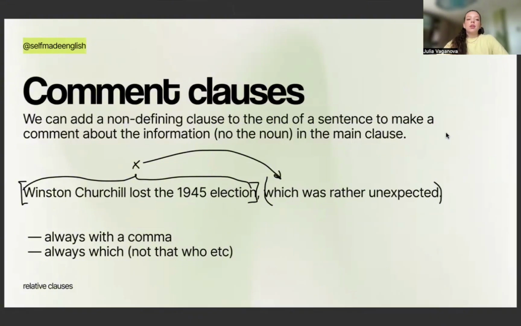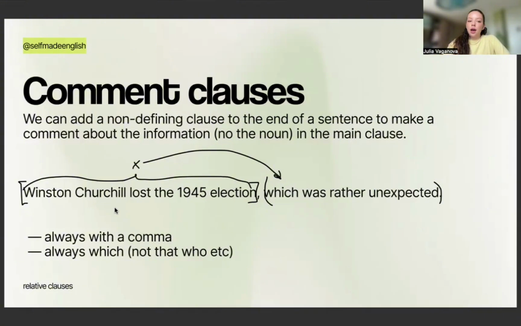So there is also an option of making comment clauses, so that we can add a non-defining clause to the end of the sentence to make a comment about the whole information in the whole main clause, not just the noun in the main clause. Winston Churchill lost the 1945 election, which was rather unexpected, right?